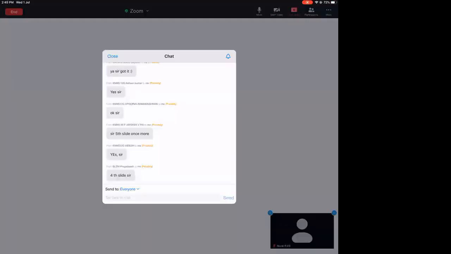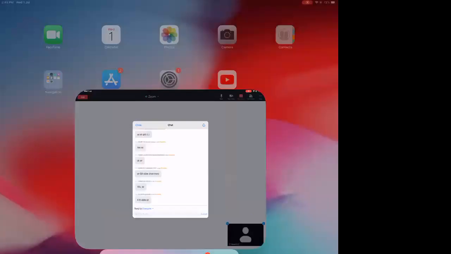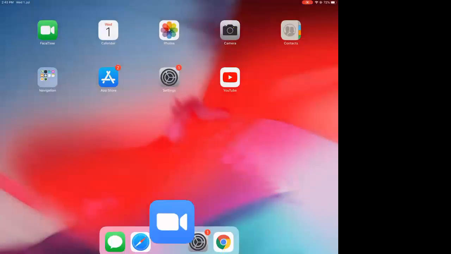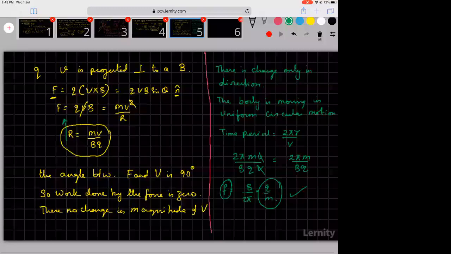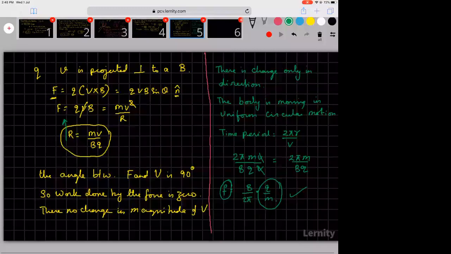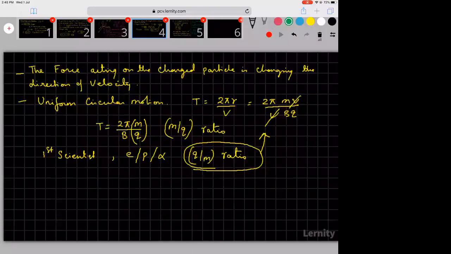Fourth slide. Yeah, fourth slide. Take some time. I will talk again after 2 minutes. It is 45 now. I will talk only at 47. Please try to understand, digest it.